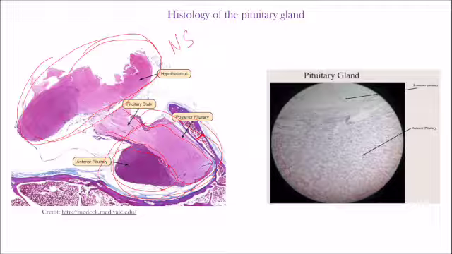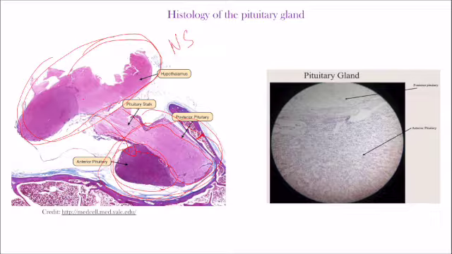Also, the hypothalamus produces releasing and inhibitory hormones that regulate the anterior pituitary. This portion is controlled by those inhibitory or stimulating hormones.